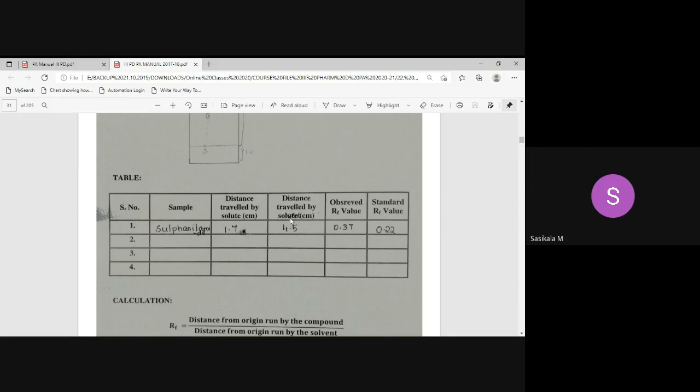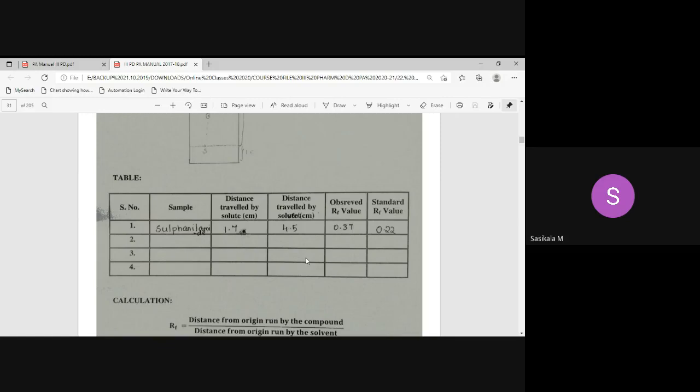The distance traveled by the solvent, not the solute, is 4.5 centimeter. The observed RF value is 0.37, if you divide these two readings. The standard RF value for sulfanilamide is 0.22, and this is to be compared with the sample.